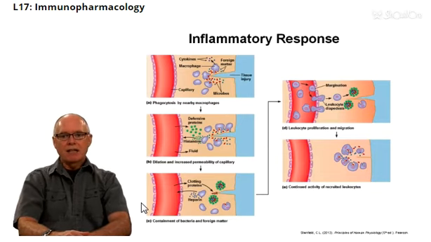Finally, in Panel E, there's recruitment of leukocytes, mainly neutrophils, which continue to clear the infection, and an eventual resolution of the inflammation will occur. These events are nonspecific, meaning that inflammation proceeds in the same way, regardless of the trigger involved. However, they do involve immune cells primarily from the innate immune system, such as macrophages and neutrophils.